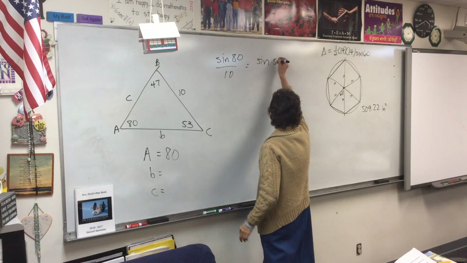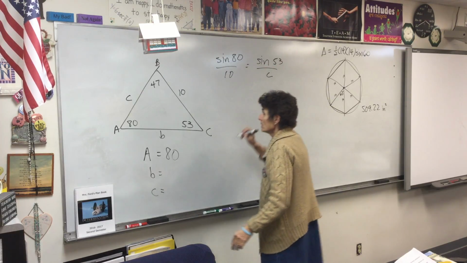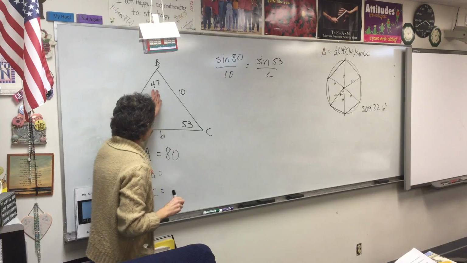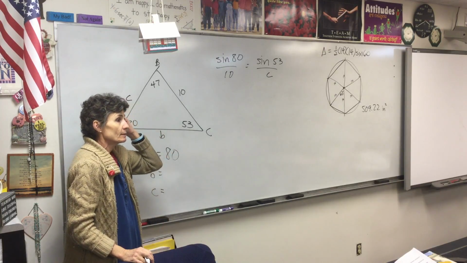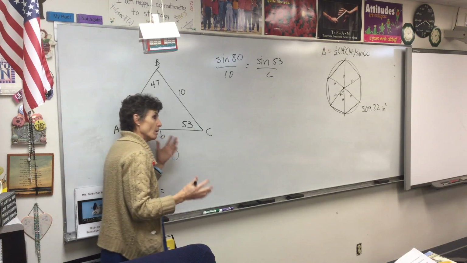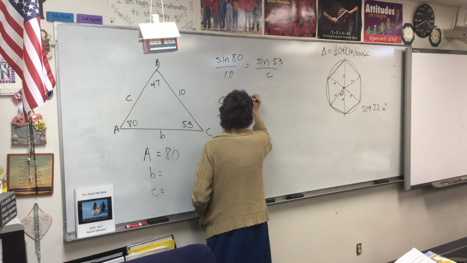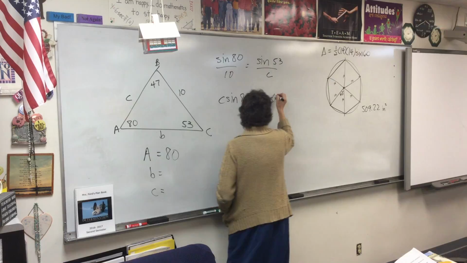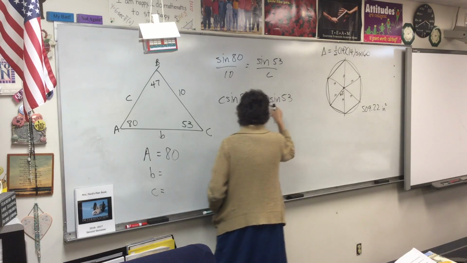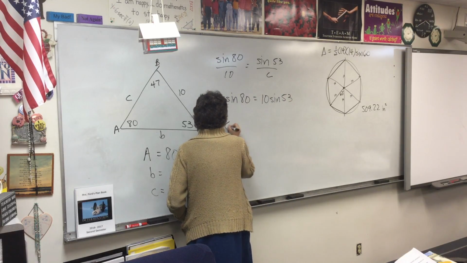Could we have also done sine 47 over B? Yep, we're going to have to do them both. The order doesn't matter. So I'm going to cross multiply, and remember, Trey, the angle always sticks with the sine, so it's always a sine of the angle.